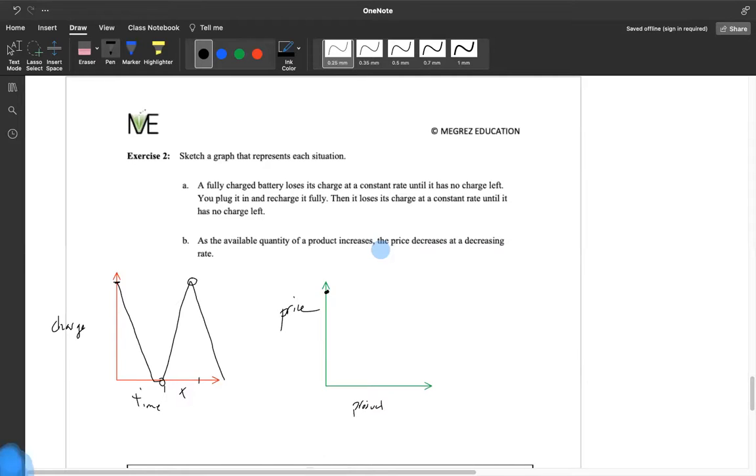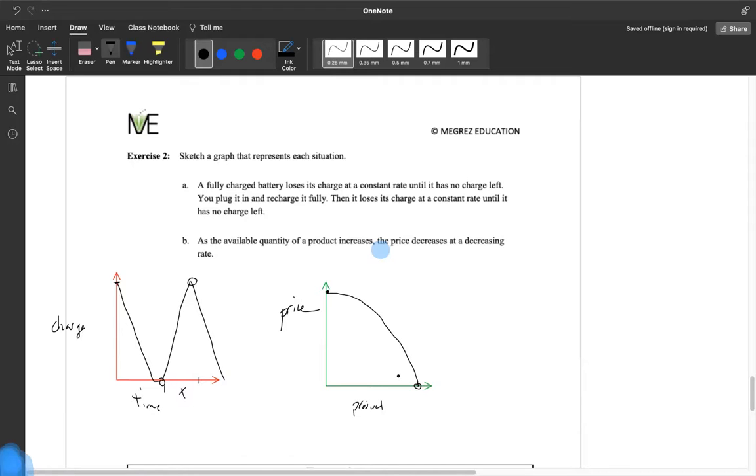And then we started to decrease in product. And then it started to decrease really, really fast until we hit nothing. Something like that. Does that make sense for everybody? Any questions on that one? Perfect. All right, I see some thumbs up. Good. Any questions, comments, concerns?